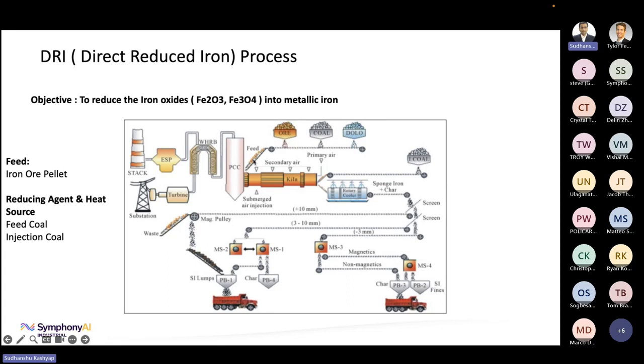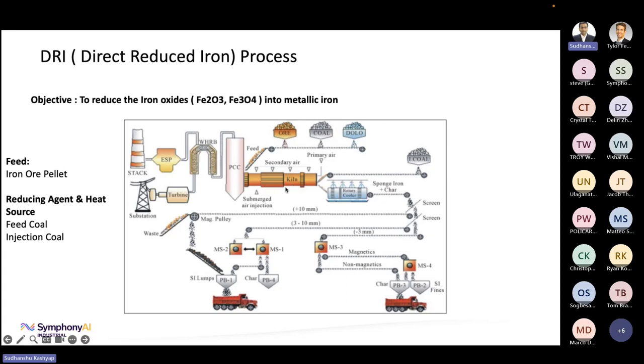Since this coal does not go through the entire kiln and gets consumed somewhere in the middle, injection coal from the rear end of the kiln is also injected with a high pressure injector to cover the second half of the kiln, such that there is good availability of carbon and the reduction process happens.